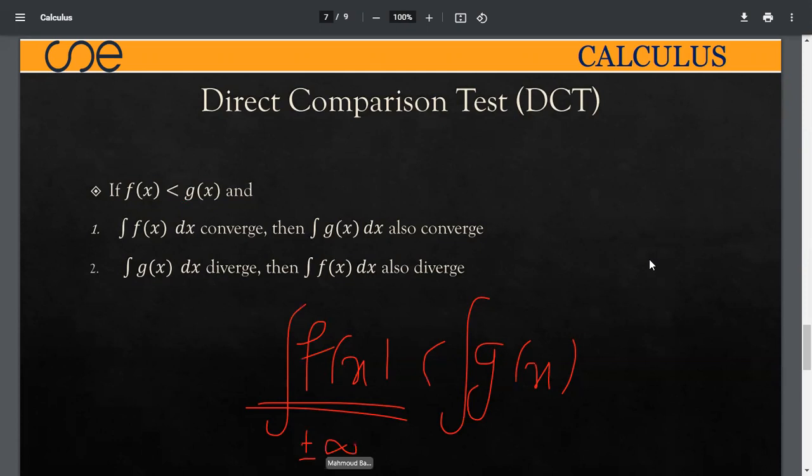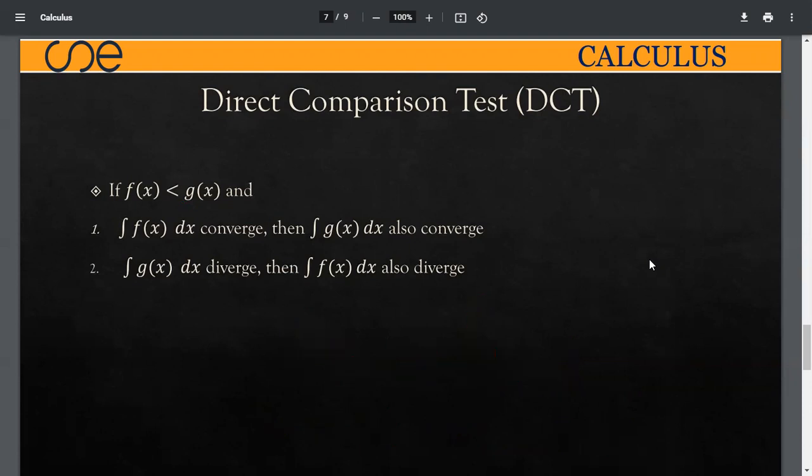This means that the integral of g of x is greater than something that is already very big, infinity, and hence it's divergent, and vice versa. So if g of x is equal to some constant, and my function is already less than this function, then of course it is equal to some constant, and hence convergent.